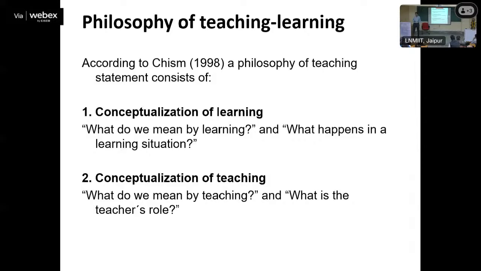Now, teaching and learning. The basic thing is conceptualizing learning, that is, what do we mean by learning and how a learning situation can be provided, and what do we mean by teaching, and what is the teacher's role. These are typical two philosophies.